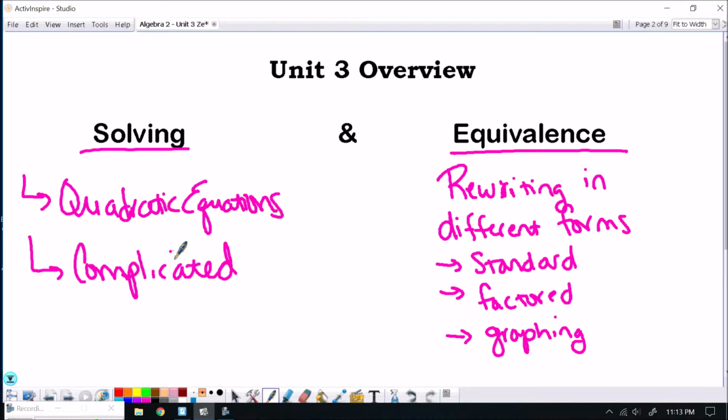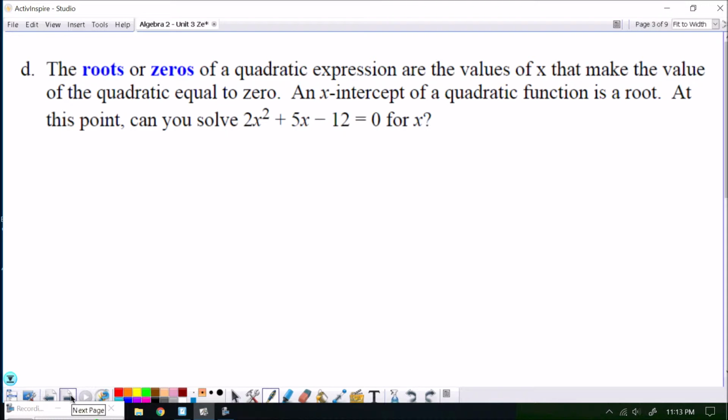We can solve for any variable, really, using a variety of techniques. So that's what we're looking at in Unit 3: different ways that we can solve expressions and equations, and different ways that we can write equivalent forms of these.